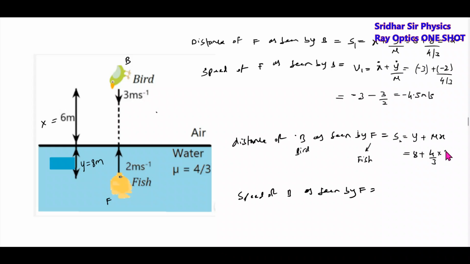Okay, this x is 6 meters. 16 meters it will appear. Then the speed will be given by y dash plus mu into x dash. dy by dt decreasing, minus 2. dx by dt decreasing, minus 6. Minus 10 meters per second.